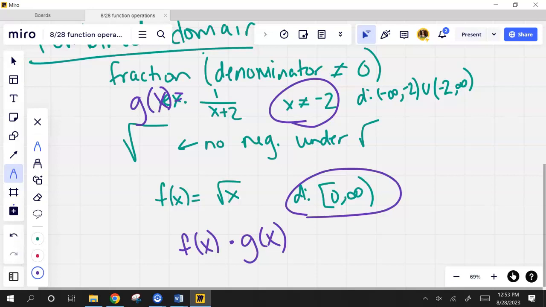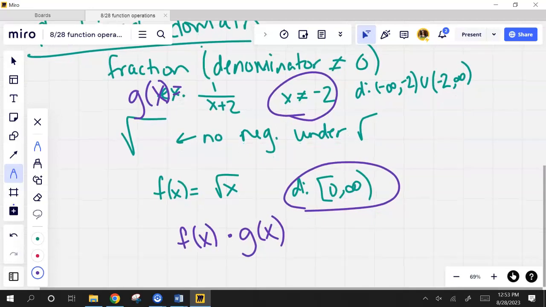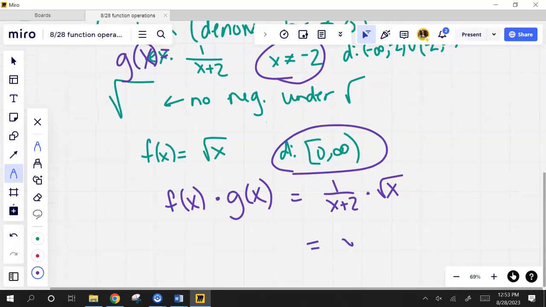So this would be the square root of x over x plus 2. The domain for this one would just be 0 to infinity.